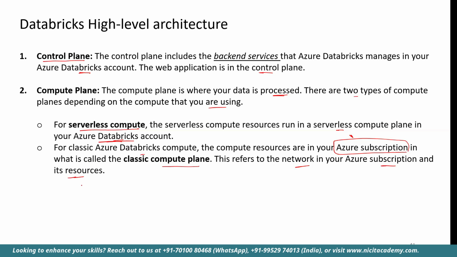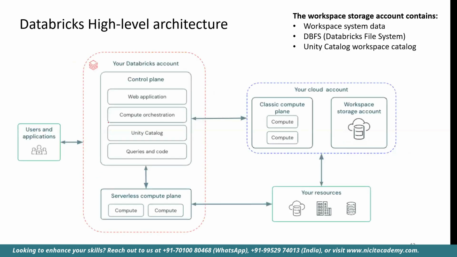Now, if we look at the high-level architecture of Databricks in this diagram, we can understand how the workspace system data, Databricks file system, and Unity catalog work together. Here you can see that when you create a Databricks account along with your cloud, Azure in our case, this is how it is organized.